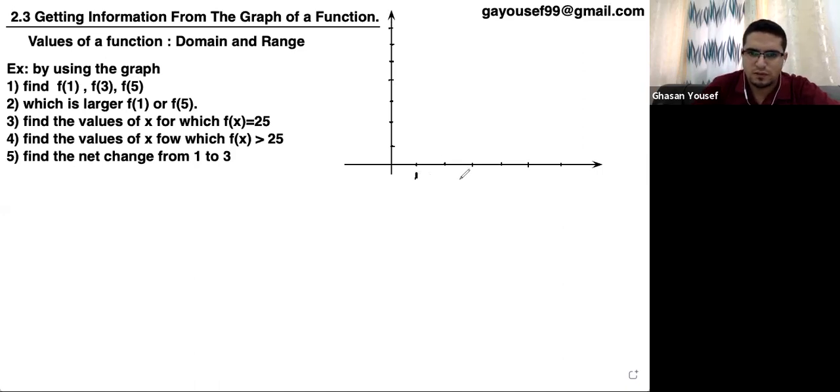So this is 1, 2, 3, 4, 5, 6, and on the y-axis 5, 10, 15, 20, 25, 30, 35.